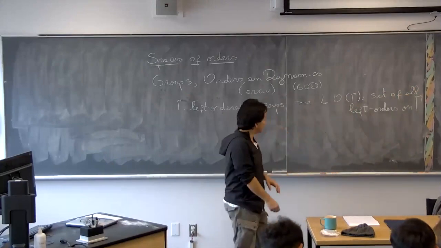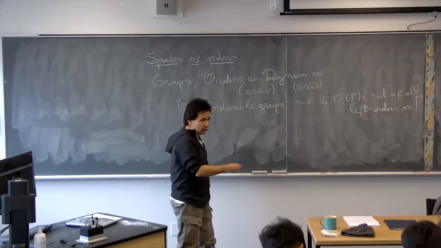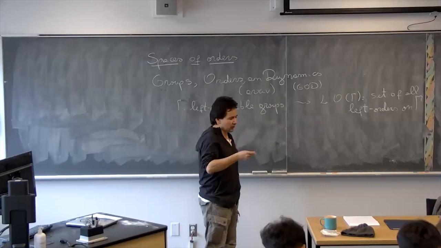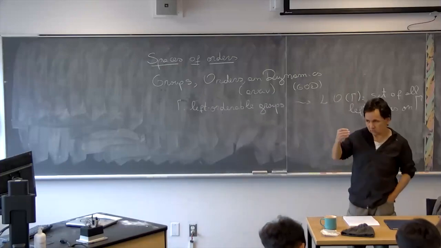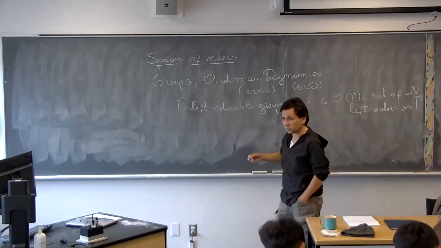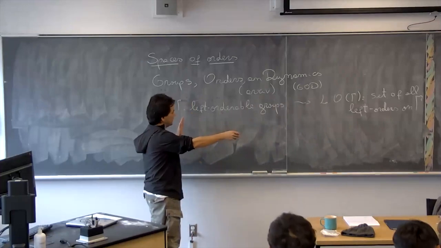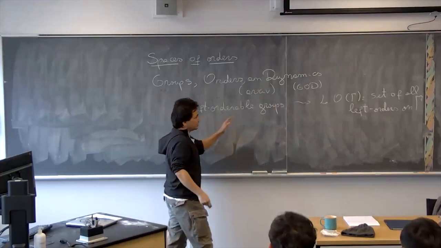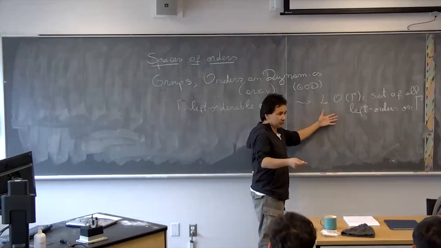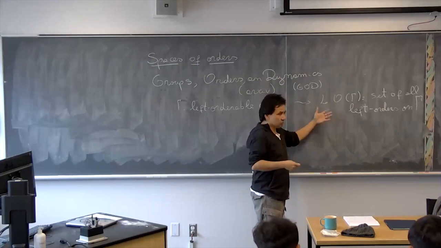Of course, one can do the same thing for a bi-orderable group, for a locally indicable group, for a group admitting a locally invariant order, for a group admitting a Conradian order, and so on. So there are many spaces. Actually, one can consider this even for a group which is not orderable. In that case, this space will be the empty set. But sometimes it is good to think that way.